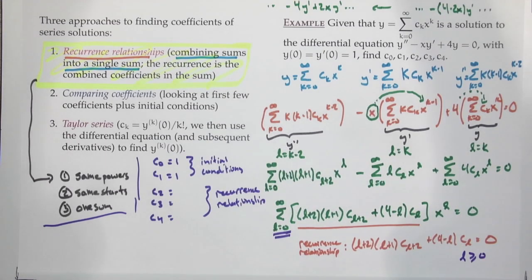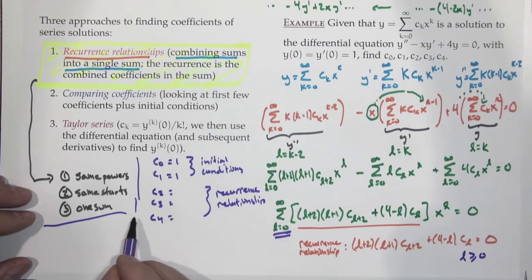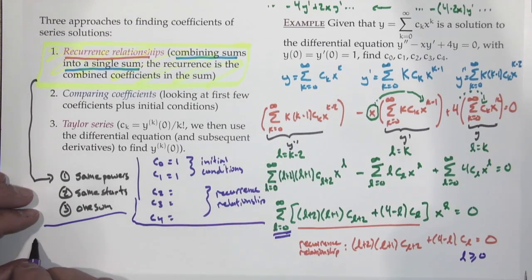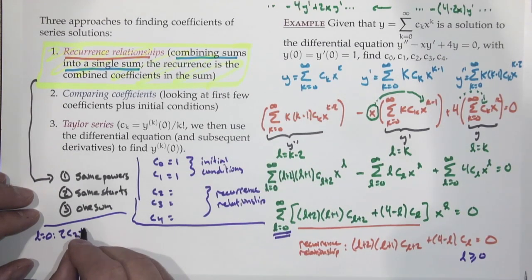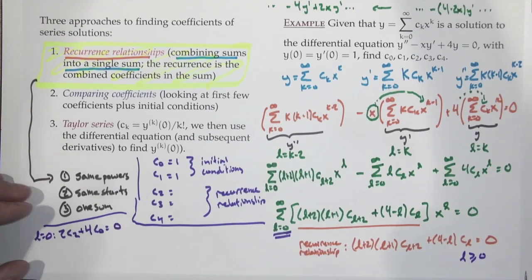And I'm really running out of space here. But okay. For L equals 0, what do we have? We have 2 times 1 times C2, so we get 2C2. 4 minus 0 is 4. So plus 4C0 equals 0.